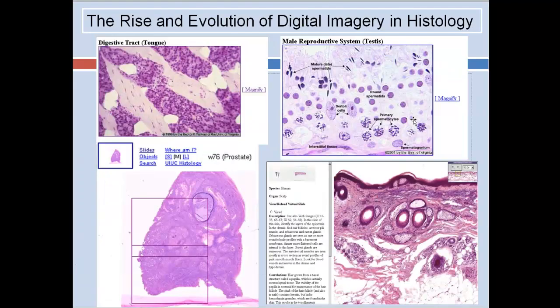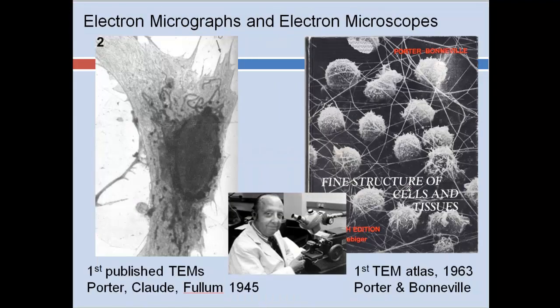So the rise and evolution of digital imagery in histology has yielded specimens and resources that are far, far beyond the early development of the solar microscope back in the 18th century. And we can put images in software and label things and so forth so much easier than we could in the past.